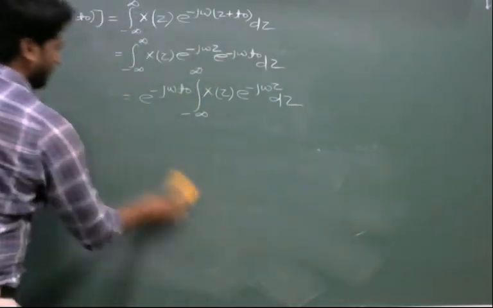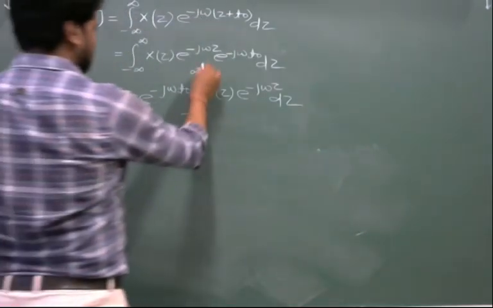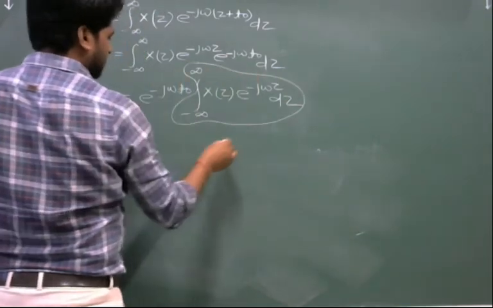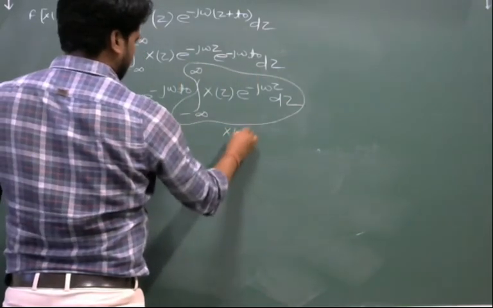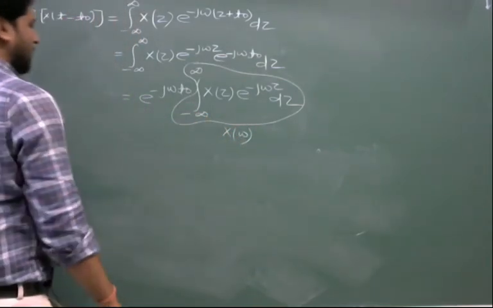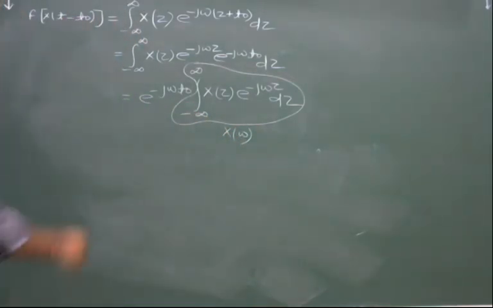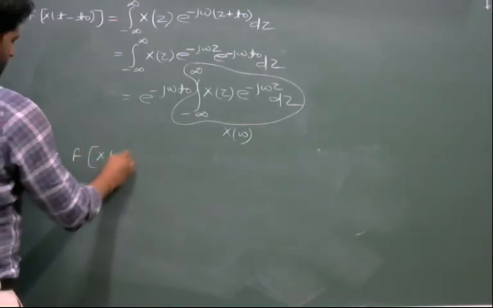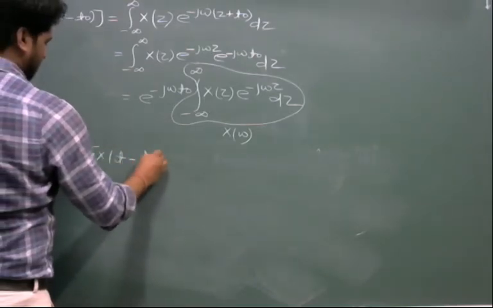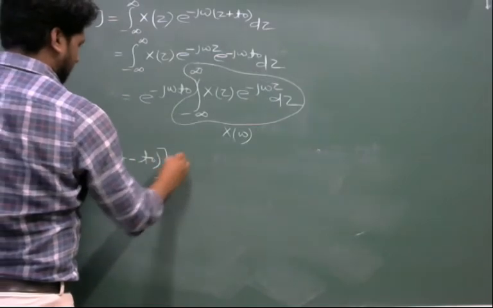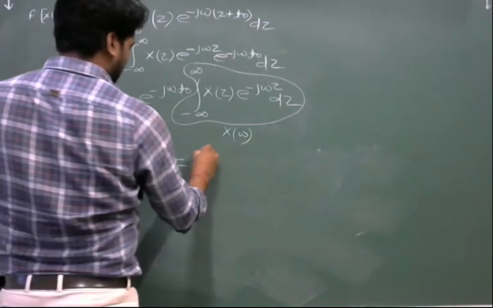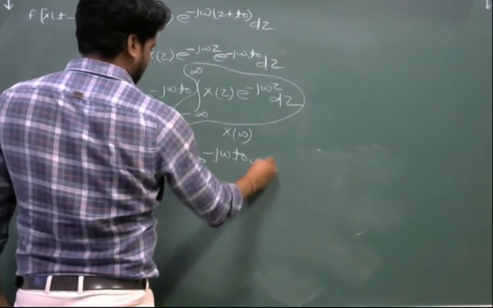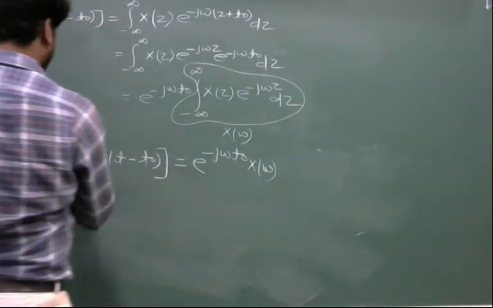Then what is this function? This is the Fourier transform of xt, which is x of omega. It means that the Fourier transform of x of t minus t naught will become e power minus j omega t naught into x of omega.